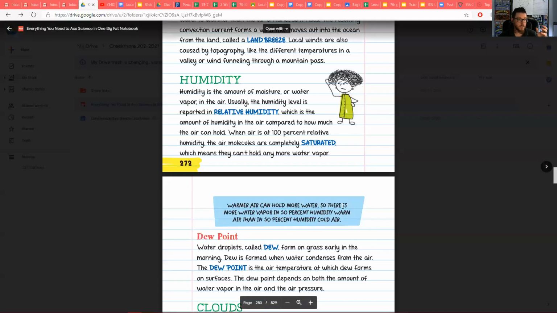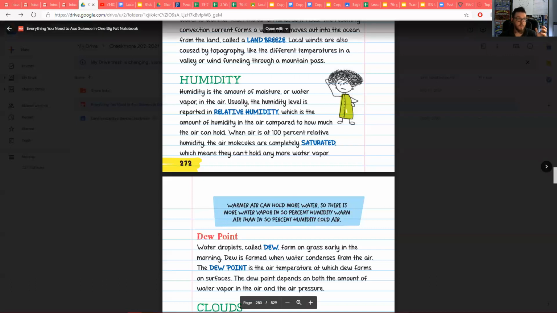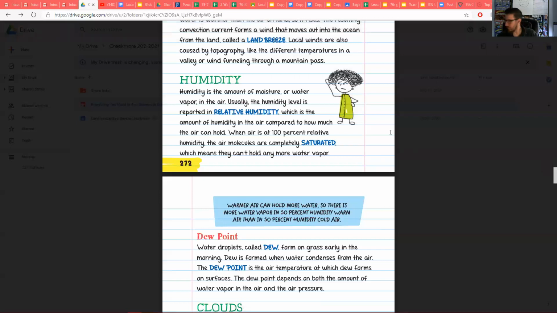So right here it says, there is more water vapor in 50% humidity warm air than 50% humidity cold air. Now what does that mean? Okay, so I do have a big container. Boom. All right, so I have this big old blender bottle, right? So imagine this is warm air in Florida, okay?